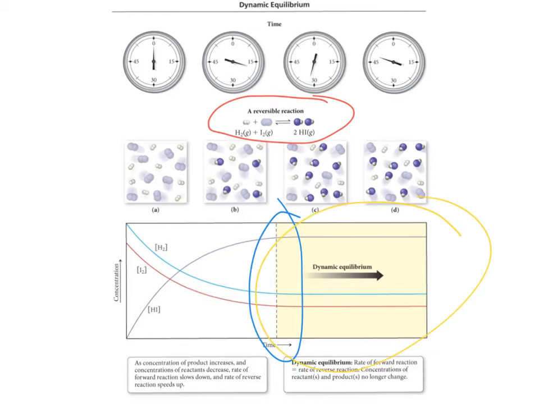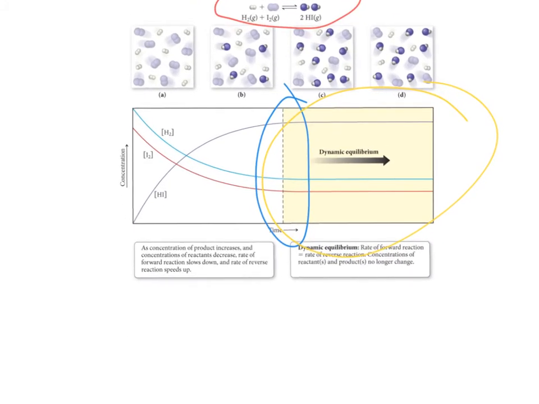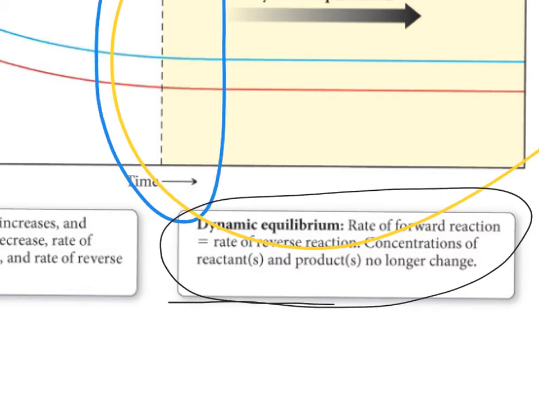Okay, so we're at an equilibrium, and there's a really important description down at the bottom of this, and so I'm going to pull it up and I'm going to highlight it, okay? Because it's really critical that you understand this. And that is that the rate of the forward reaction is equal to the rate of the reverse reaction. That's why we call it dynamic equilibrium, okay?